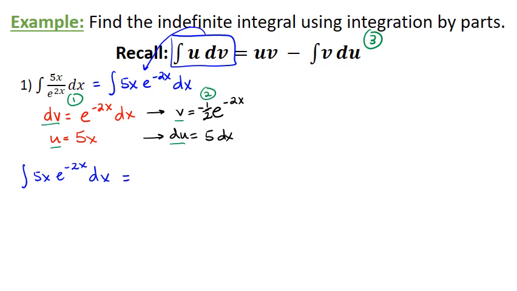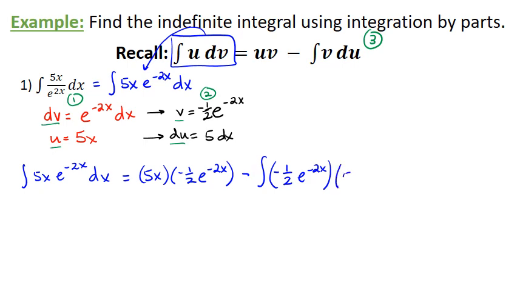So this is equal to u, which is 5x, times v, which is negative 1/2 e to the negative 2x, minus the integral of v, which is negative 1/2 e to the negative 2x, times du, which is 5 dx. All right, now all I need to do is simplify each of these parts.